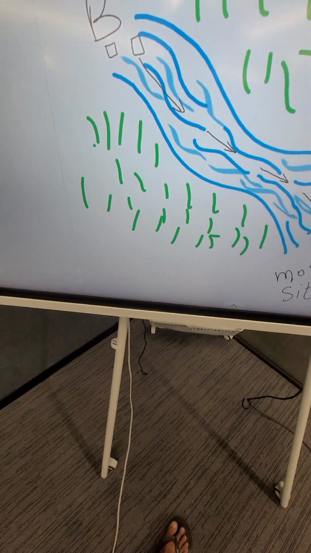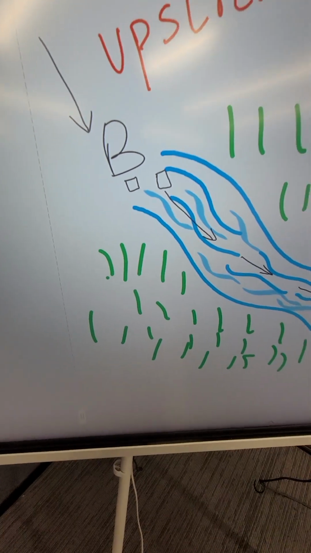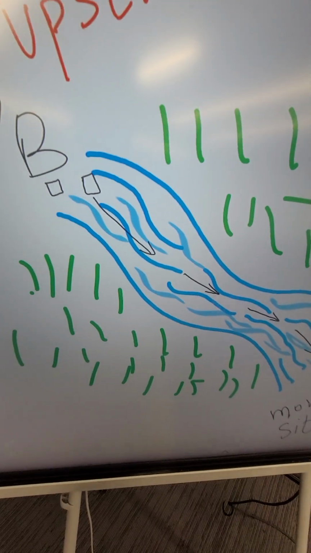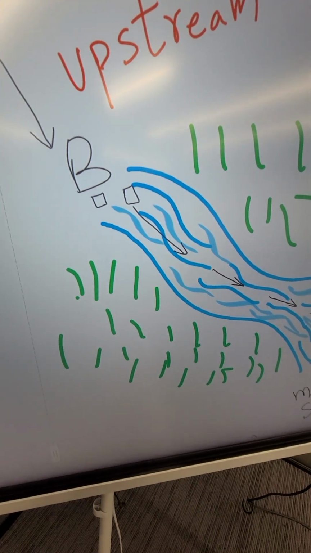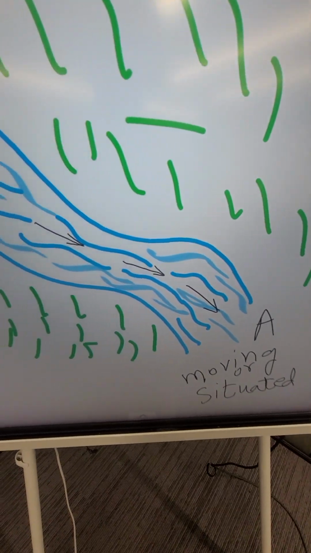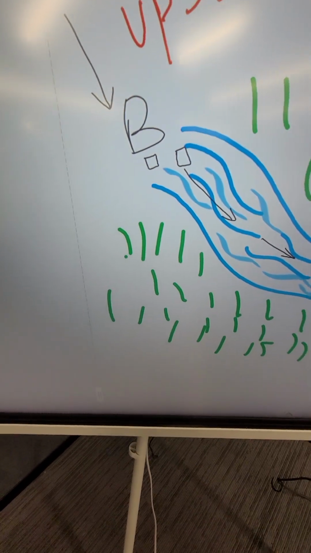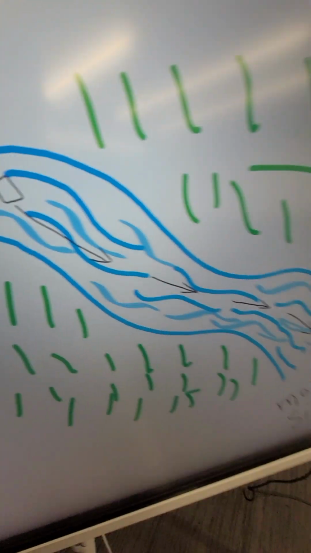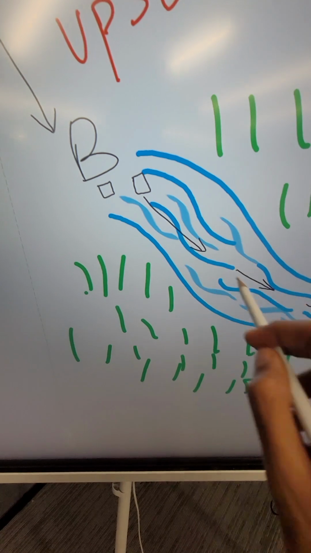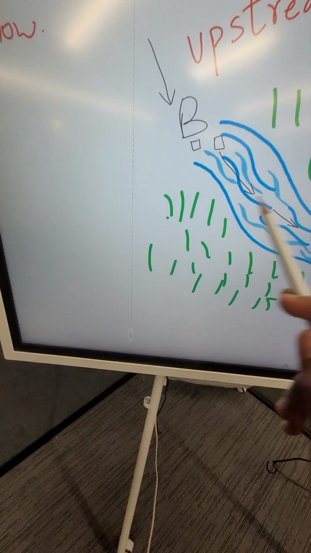So when you say B is upstream to A, it means from B data flows to A. And when you say A is downstream to B, it means again from B, data flows to A. So it's all about the flow of data and how you refer to upstream and downstream.